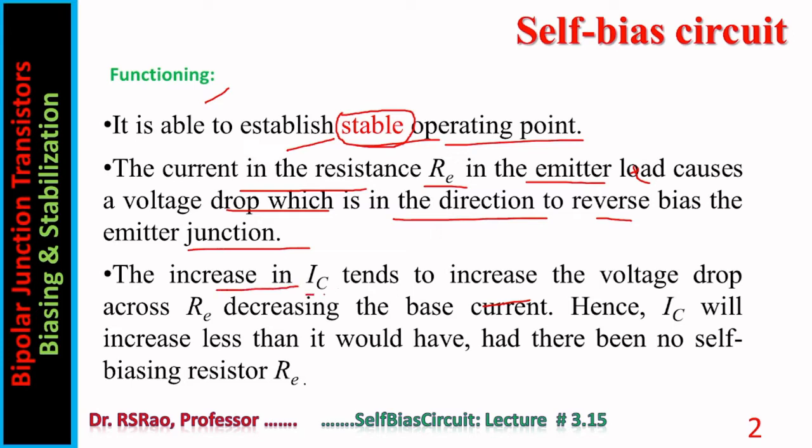The increase in IC, collector current, tends to increase the voltage drop across RE, decreasing the base current. Hence, IC will increase less than it would have had there been no self-biasing resistor RE. When IC is prevented from increase, then drift of the operating point is arrested, or stability is ensured.